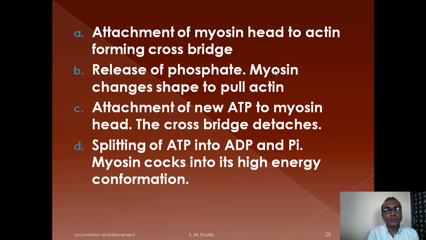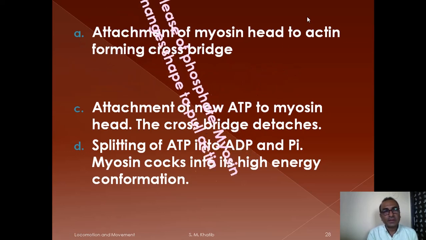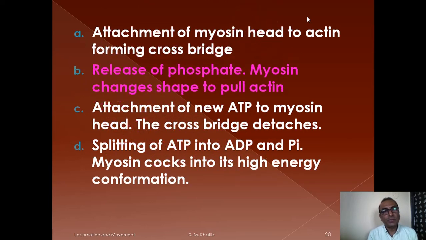Here the right option is, as we know, release of phosphate. As we see there, ATP is broken down into ADP and phosphate, and the myosin changes shape to pull the actin. Why are other options wrong? Attachment of myosin head to actin forming cross bridge, that will be one step before it bends, it attaches.